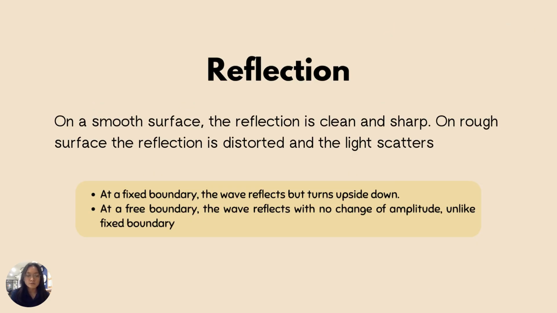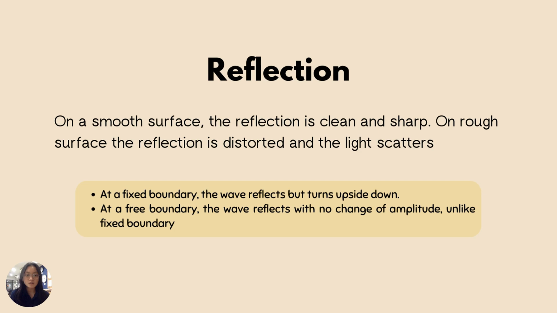Reflection on a smooth surface will be clean and sharp, so it is clearer to see than on a rough surface, because on a rough surface the reflection will be distorted and the light will scatter, making the reflection not as visible as on a smooth surface.